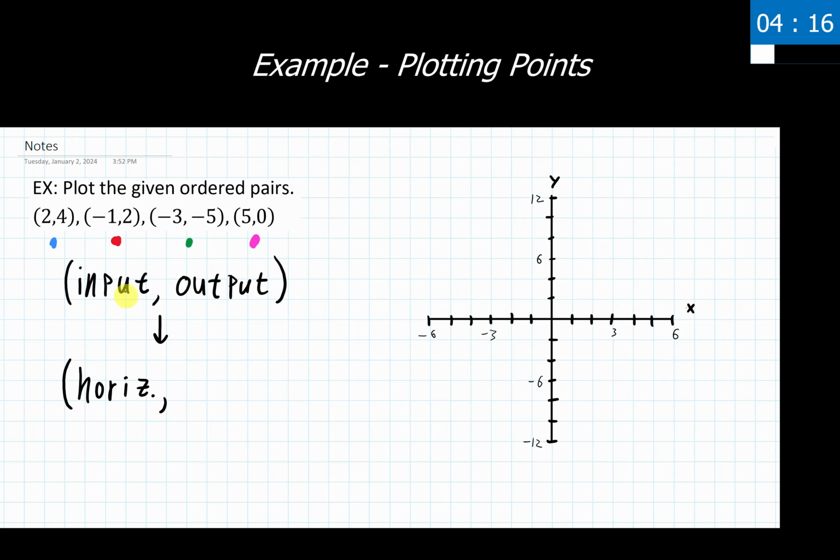So if the input value corresponds with the horizontal axis, the output value is going to correspond with the vertical axis. I'm just going to do vert for shorthand here. And that's going to tell us if we're going to be moving in the positive or negative direction along the vertical axes for our problem.